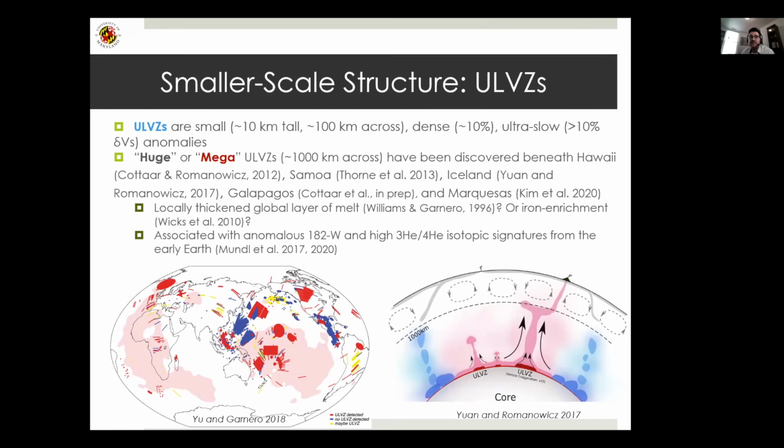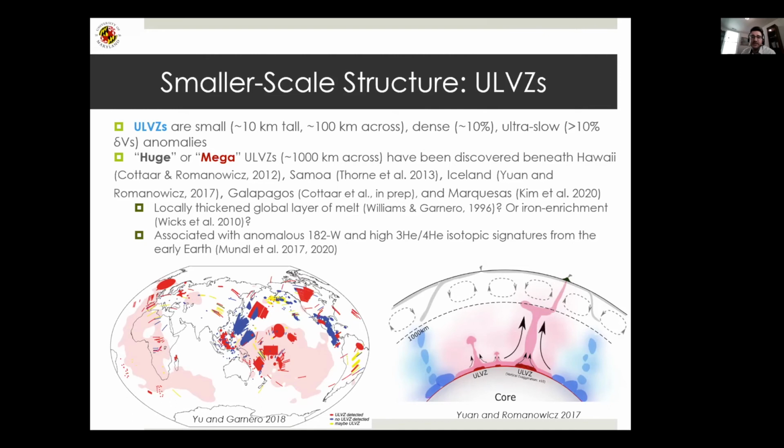There is a family of ULVZs that are called huge ULVZs, HULVZs, or mega ULVZs, which is mega ultra. It's kind of ridiculous, but it's meant to describe that these guys are about 1,000 kilometers across, so an order of magnitude larger than traditional ULVZs. And these have been discovered beneath Hawaii, beneath Samoa, Iceland, the Galapagos, and Marquesas Islands.